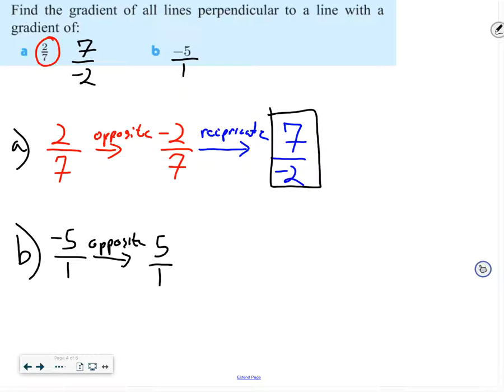And now I'm going to reciprocate, and I get 1 over 5. So a slope of 1 over 5 is perpendicular to a slope of negative 5.